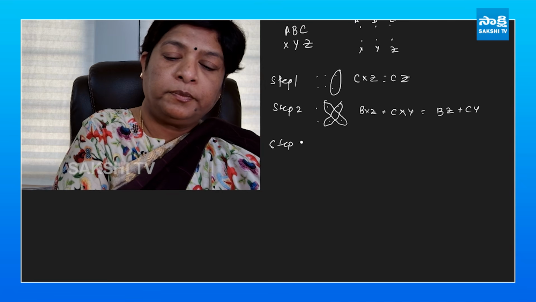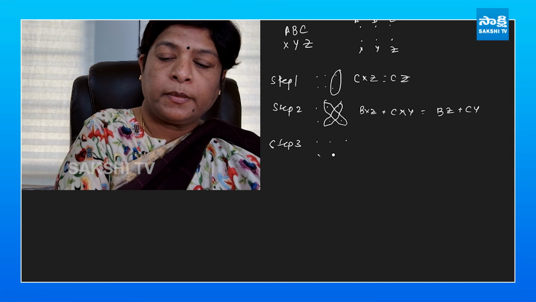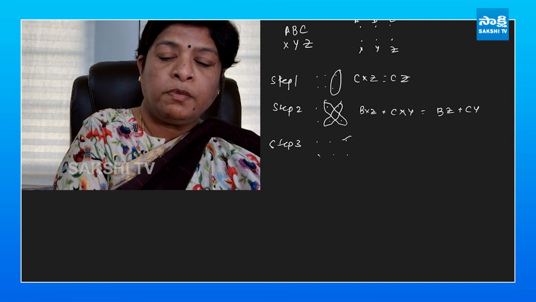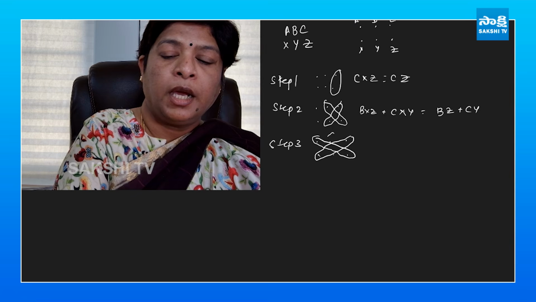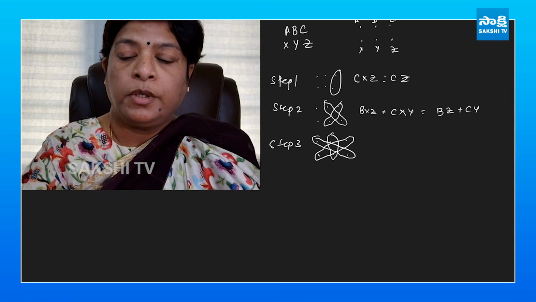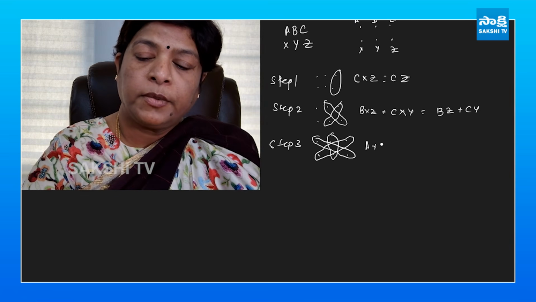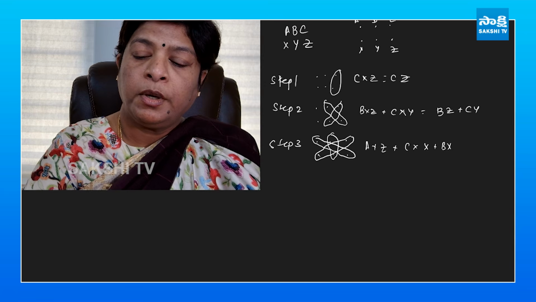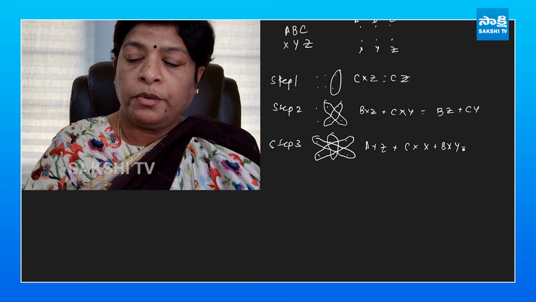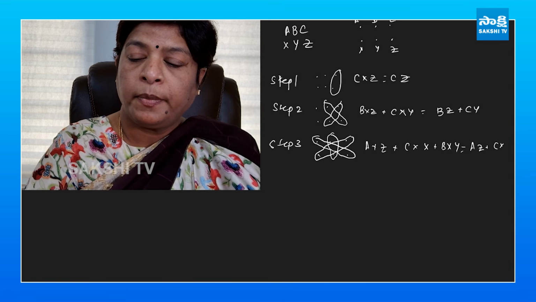Step 3: cross multiplication of ones and hundreds place, similarly the hundreds and ones place, and the tens place with the tens place. So it's going to be A times Z plus C times X plus B times Y. So it's AZ plus CX plus BY.